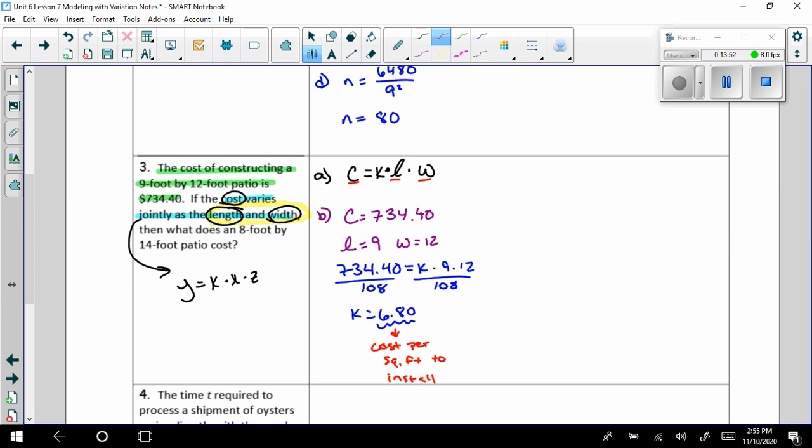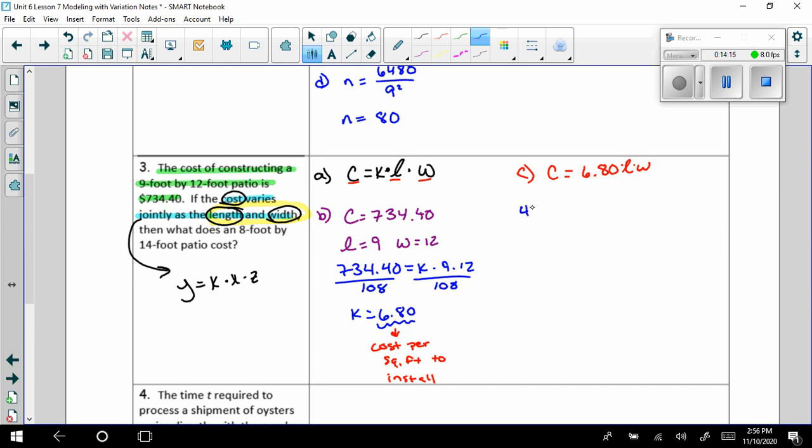So our equation then is the total cost is equal to our cost per square foot times the length times the width, which makes sense because length times width is area, and then our cost per square foot would give us the total amount.